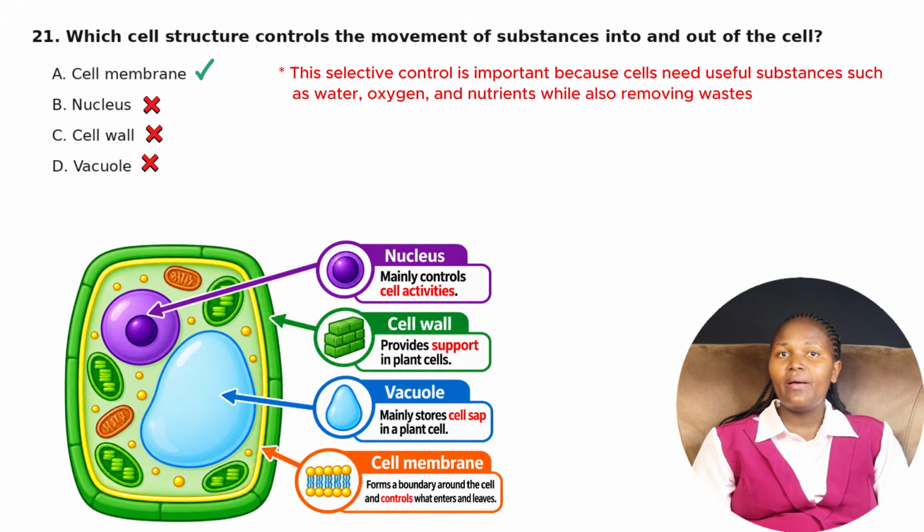You should always remember that there is a difference between cell wall and cell membrane. The wall mainly supports and protects a plant cell, while the membrane regulates movement of substances into and out of the cell.